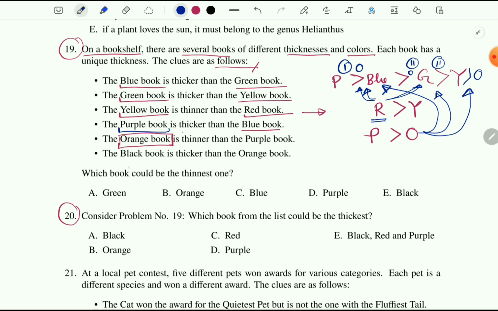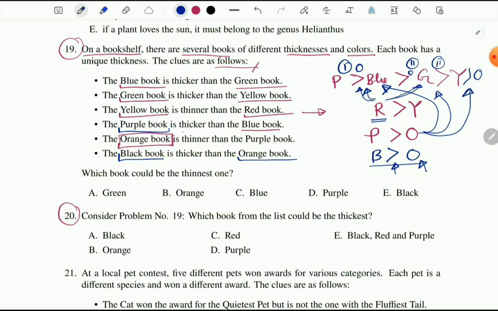Now let's write our last clue. The black book is thicker than the orange book. So we have another book, black, and it is thicker than orange. Take a look at this relationship. Once again, orange can be positioned anywhere if it doesn't violate this condition.